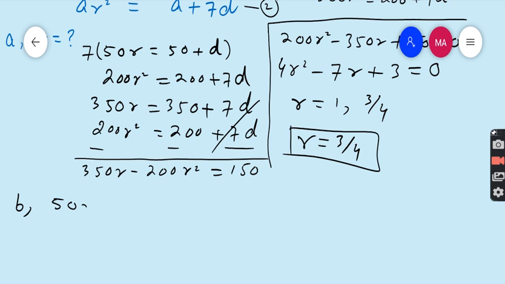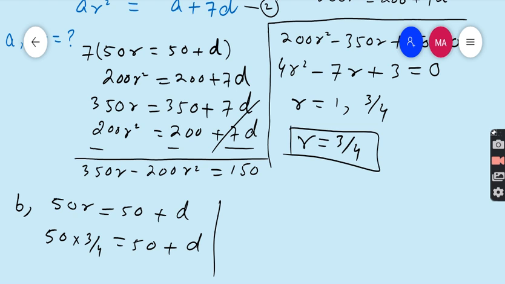Equation number 1, 50r is equal to 50 plus d. 50r, we have found 3 upon 4, is equal to 50 plus d. So after solving it, 50 multiplied by 3 is 150 upon 4. This 50 is subtracted, is equal to d. After finding with the help of a calculator, you will have the value of d is minus 12.5.